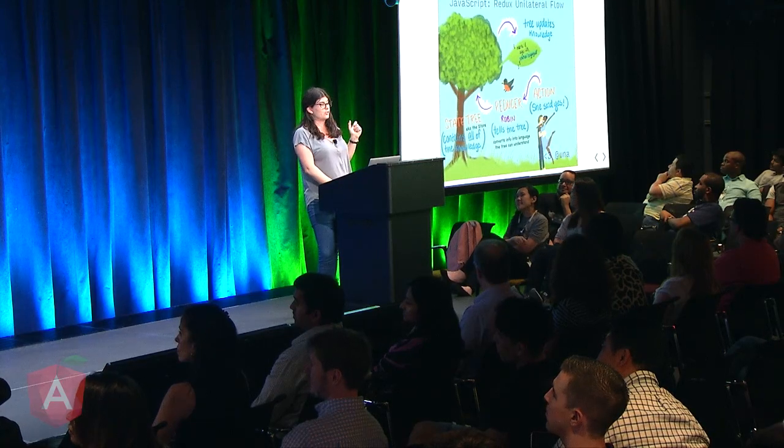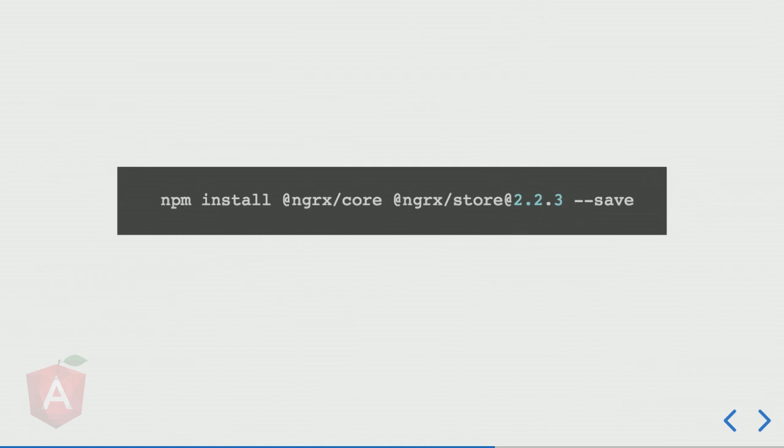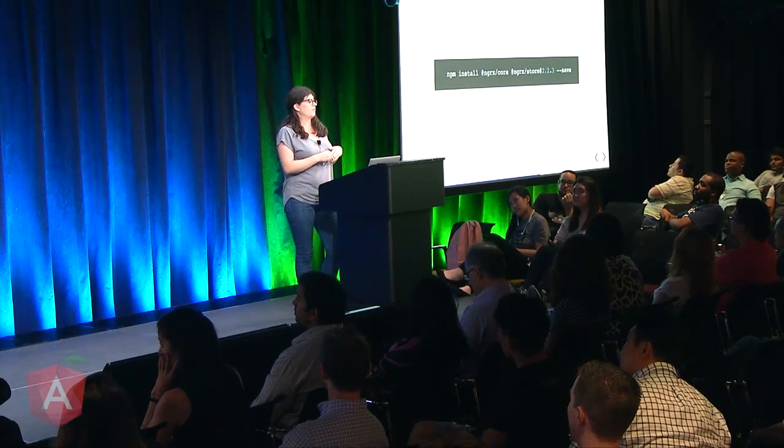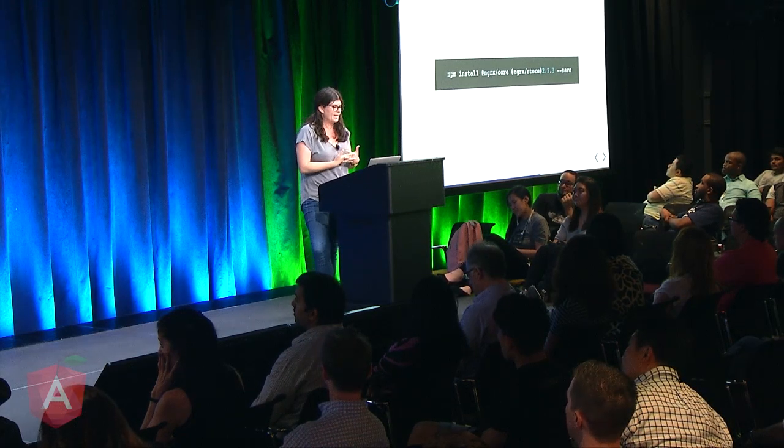So to see how this would actually look in some code, first things first, you're going to want to install. Like I said, you could technically implement Redux on your own, but to save some time and gain some additional functionality and features, I'm going to go ahead and use ngrx, which is a really helpful implementation of Redux for Angular apps.